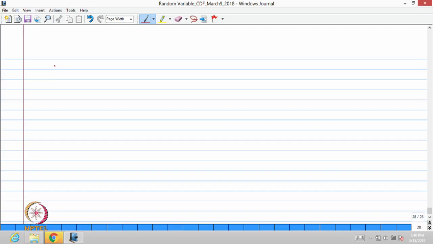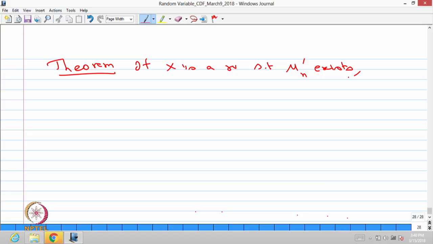Next, I am going to give one important result as a theorem. What the theorem says, if x is a random variable such that mu suffix n dash exists, then mu suffix r dash exists for all r less than n.